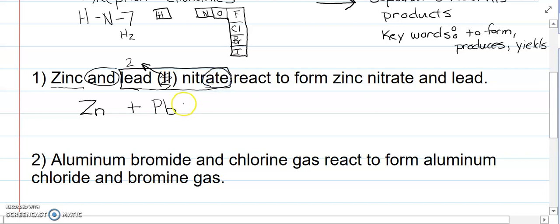So this is going to be a polyatomic nitrate, which is going to be NO3, which has its own charge, but its own charge is going to be a 1-. And those charges are going to switch. So this is going to be Pb. I have to put NO3 in parentheses with the 2 on the outside. Now it says "react to form." And "react to form" is going to be the symbol for my arrow.